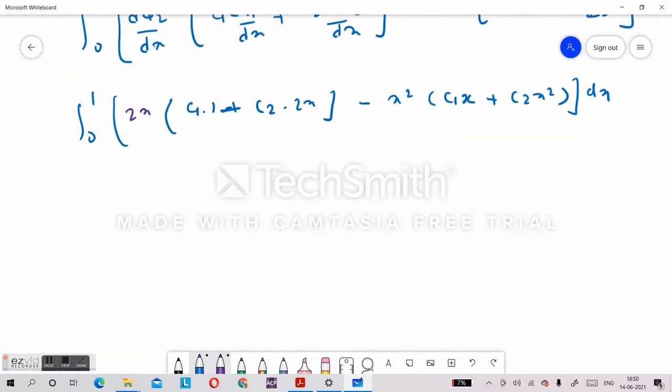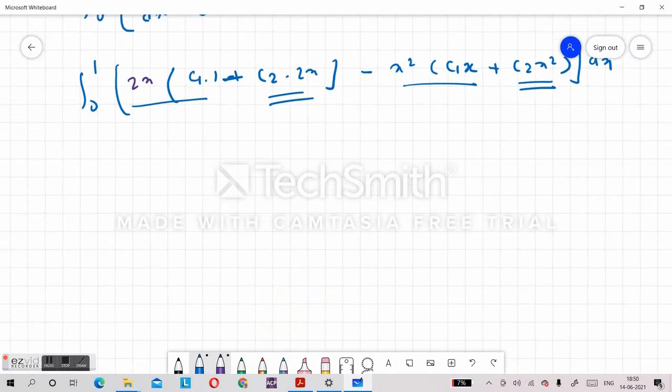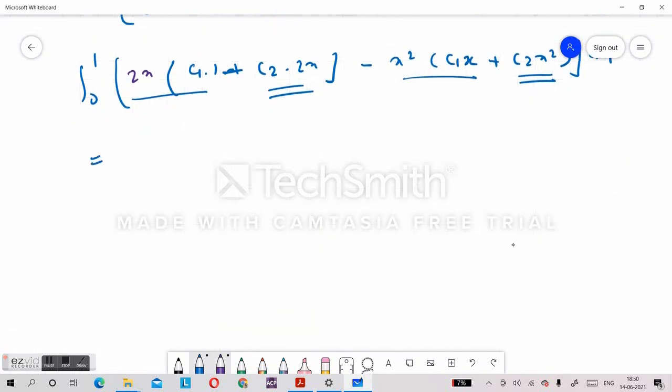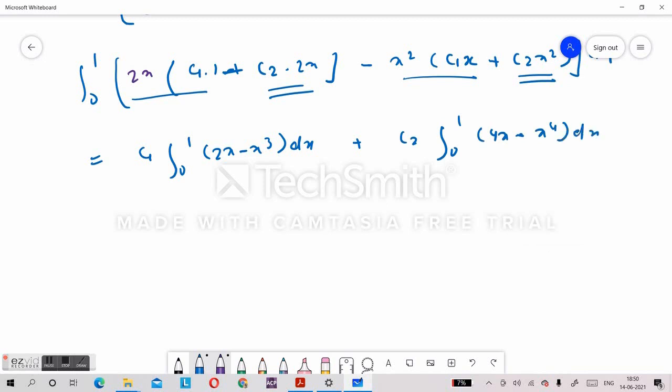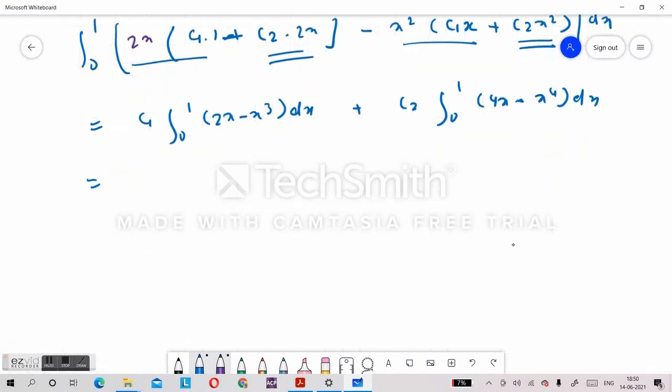Finally, on solving, taking c1 terms common and c2 terms common, we get c1 integral 0 to 1 of 2x minus x cubed dx plus c2 integral 0 to 1 of 4x squared minus x⁴ dx, and this comes out to be 3/4 c1 plus 17/15 c2.